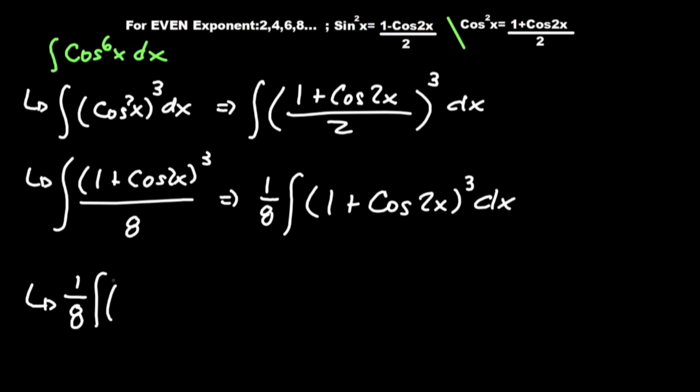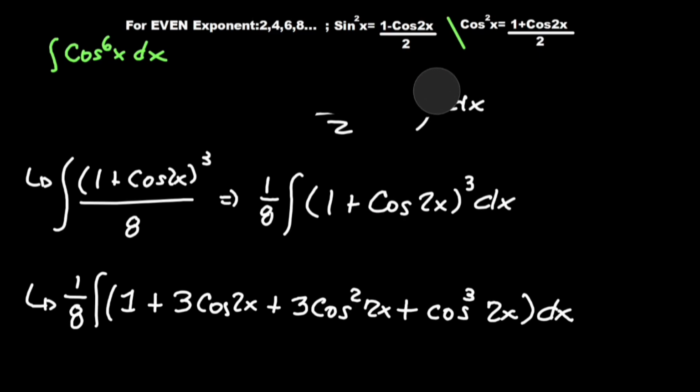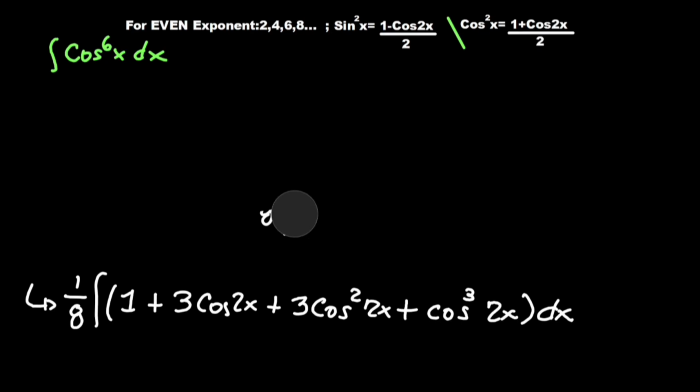So this would be equal to 1 plus 3 cosine of 2x plus 3 cosine squared of 2x plus cosine cube of 2x. Now, just like with sine earlier, we can split this. We will split it in that way.